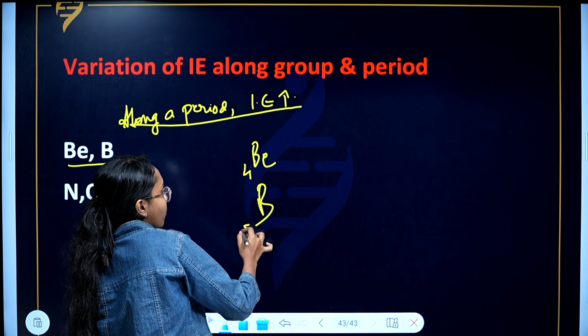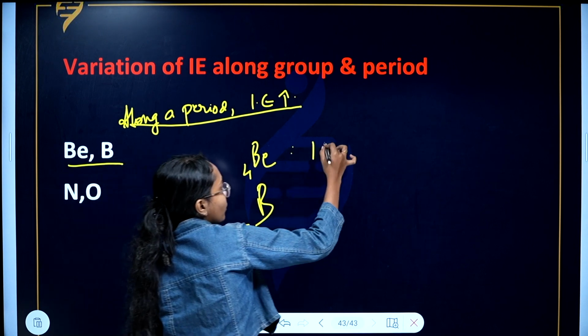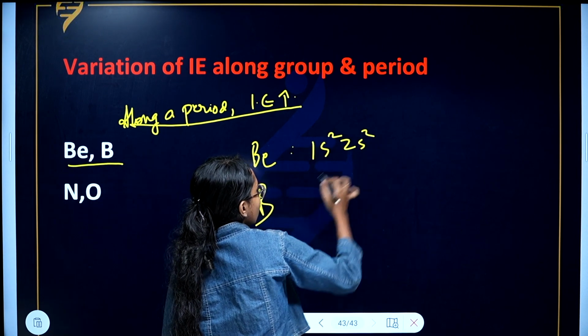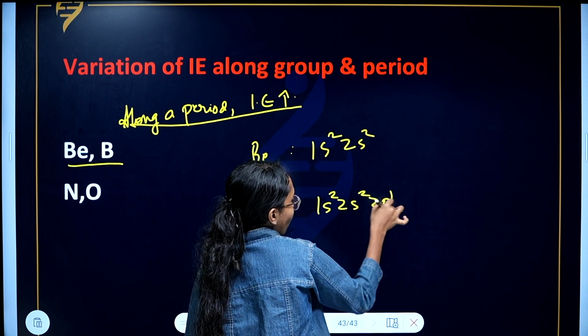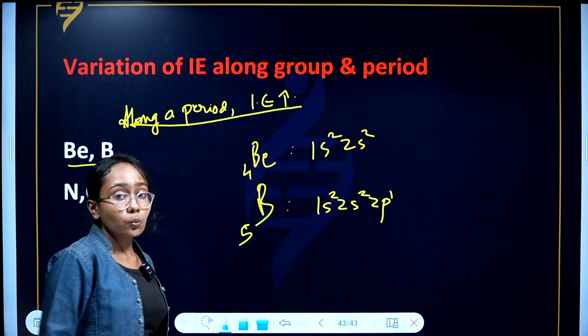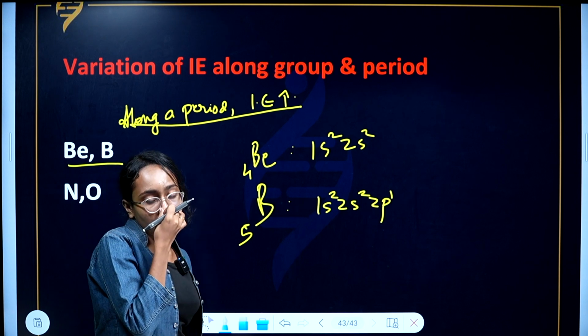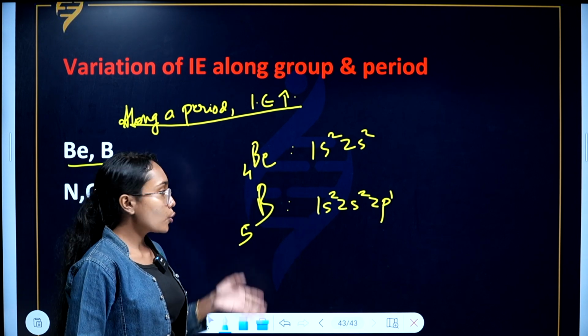Beryllium is 4, boron is 5. The electronic configuration here is 1s2, 2s2. Here it is 1s2, 2s2, 2p1. Which is the stable element, beryllium or boron?